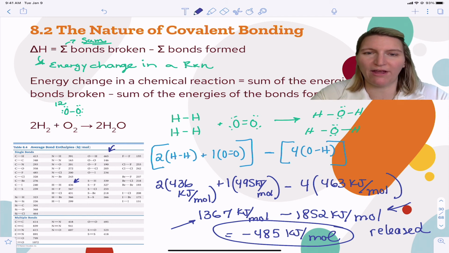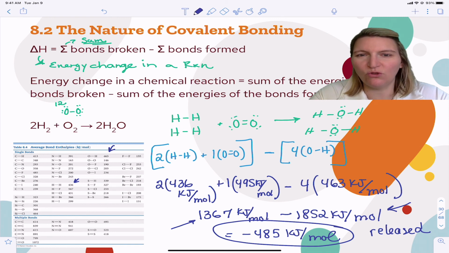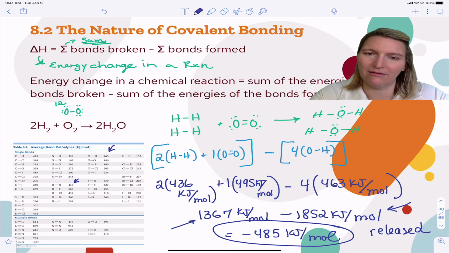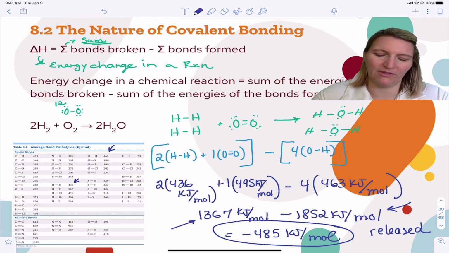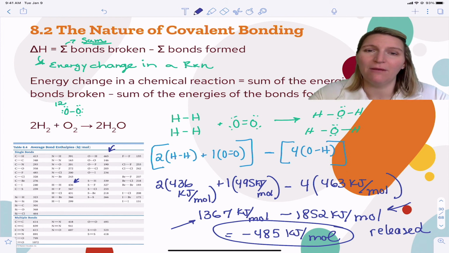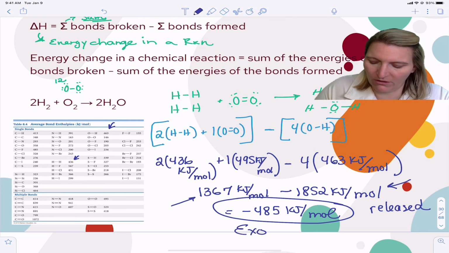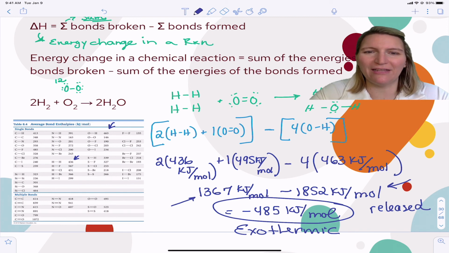When 2 moles of hydrogen react with 1 mole of oxygen and produce 2 moles of water, 485 kilojoules of energy will also be released. That means that this reaction, because delta H turned out to be a negative number, is exothermic. The energy that went in to break the bonds is less than the energy released when those new bonds are formed.